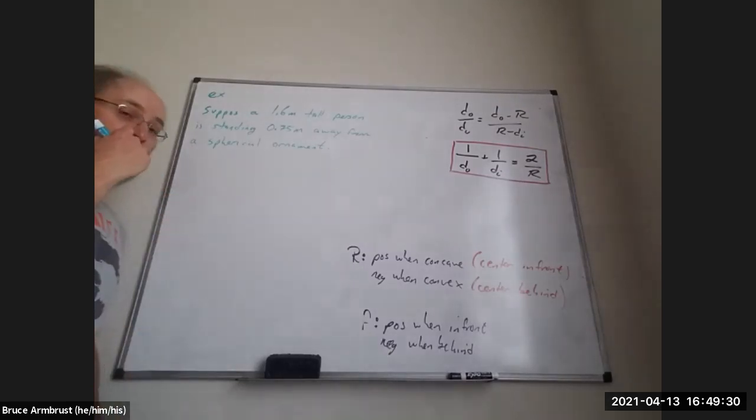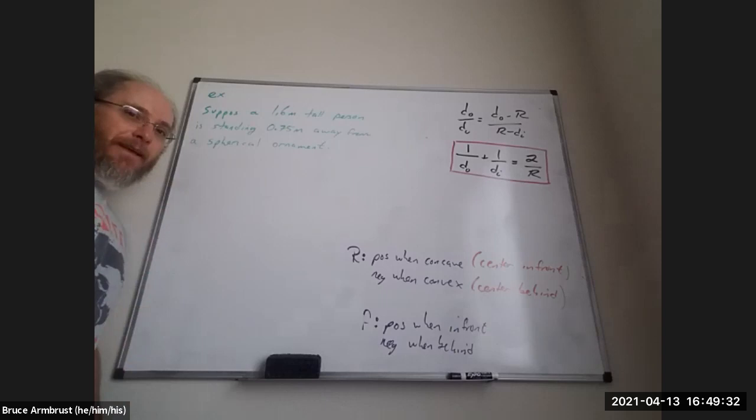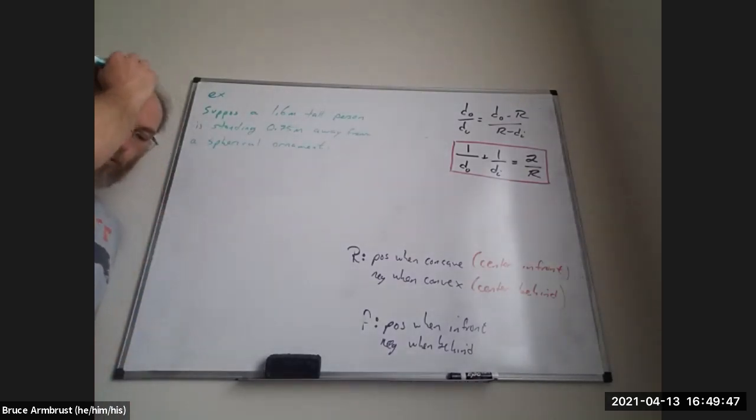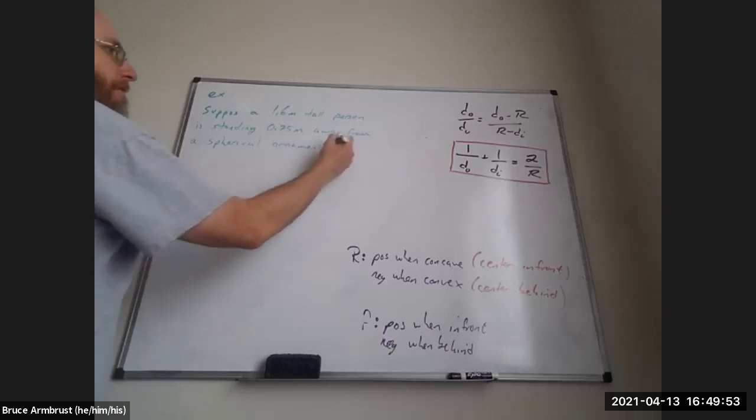Now, if we want to do anything with this, we need to know something about either I, so DI or HI, or we need to know the radius, right? So we need to have one more piece of information. So how about I tell you the radius?